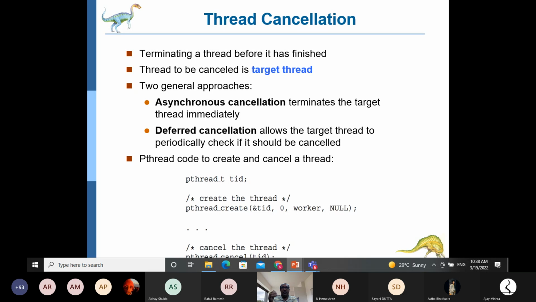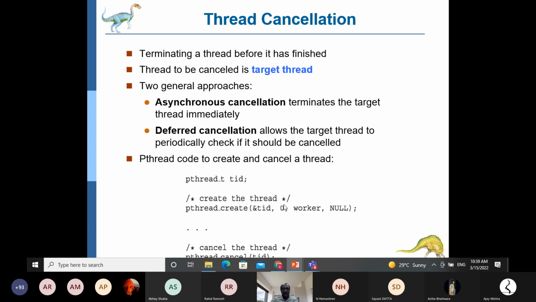Whenever it sees it is enabled, it will not terminate immediately, but it will find the nearest safe point, execute till that point, and at that point simply terminate. Those are known as thread safe points. At safe points it will be terminated, and this is known as the deferred mode of cancellation. Whereas in the case of asynchronous mode, the threads need to be terminated immediately.